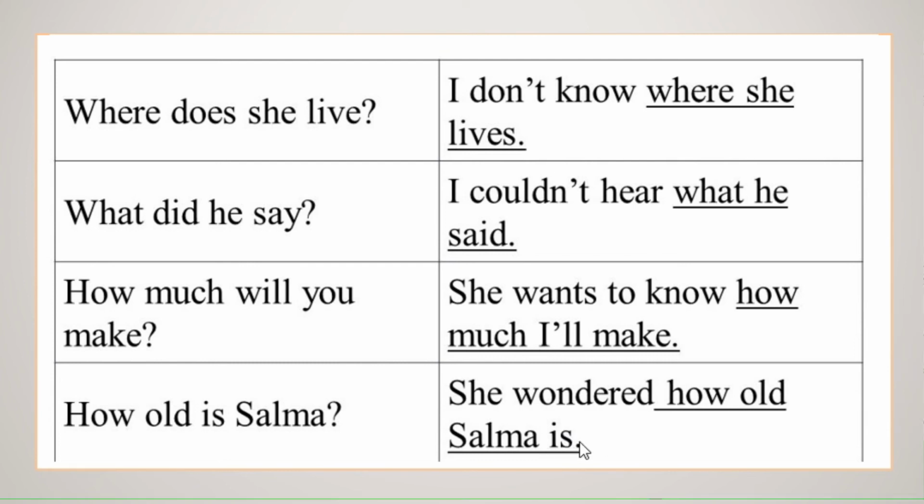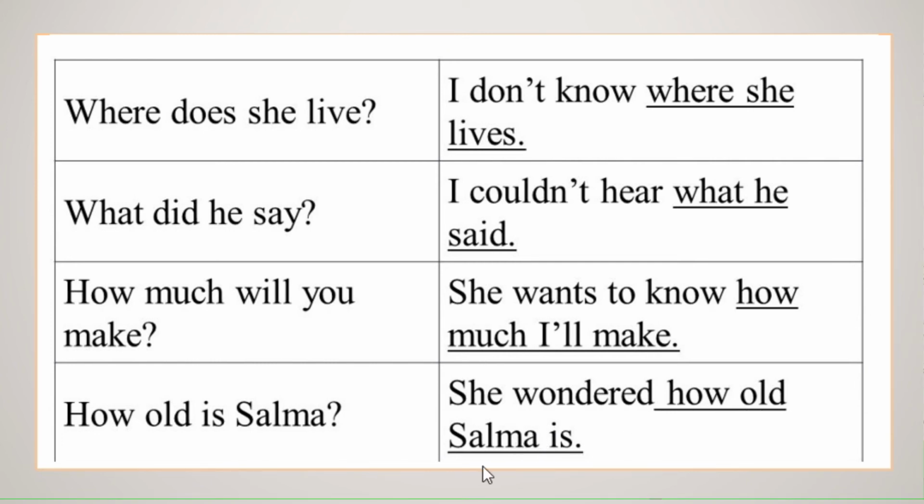Of course, when you have the verb be, you are not using an auxiliary for future or past or present, but the verb be that normally is used to make the questions. You put the is or the are or was or were before the subject. How old is Salma? When you pass it into an embedded question, normally the verb comes at the end.